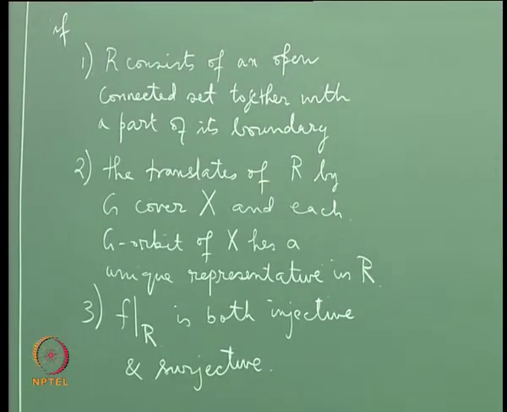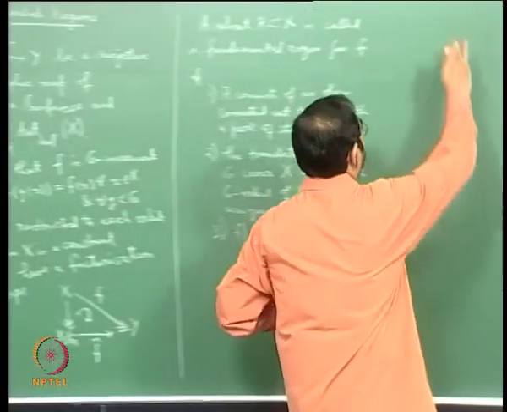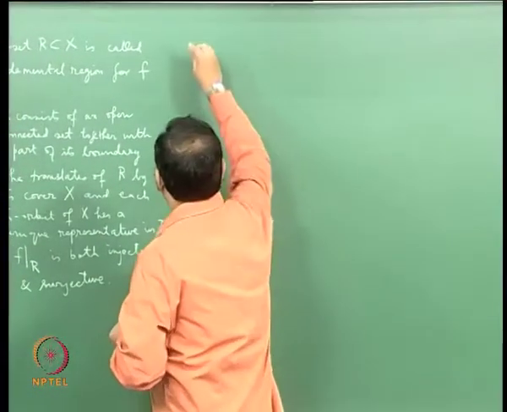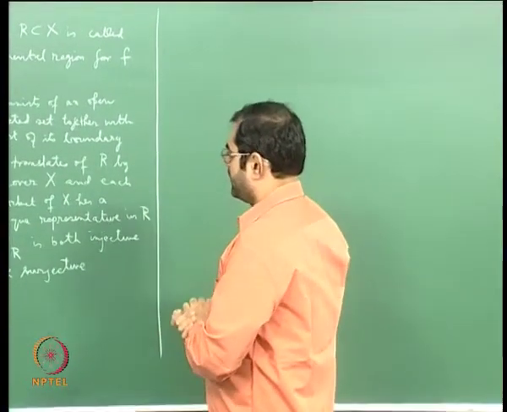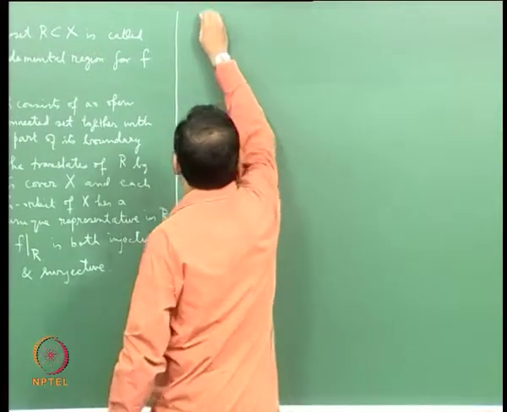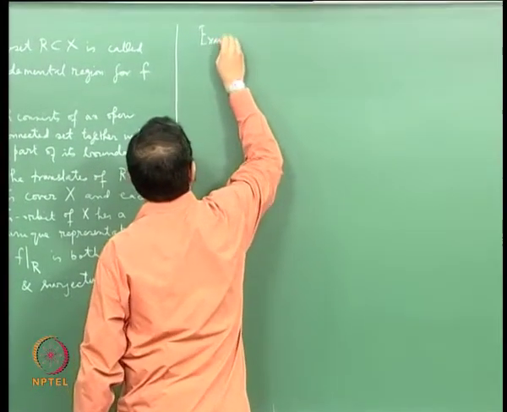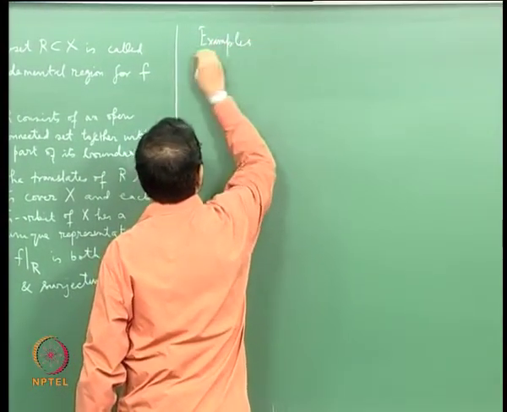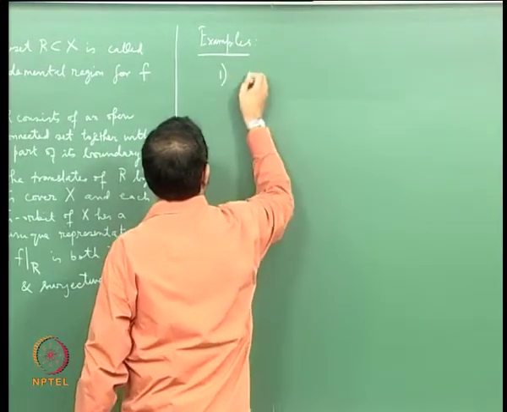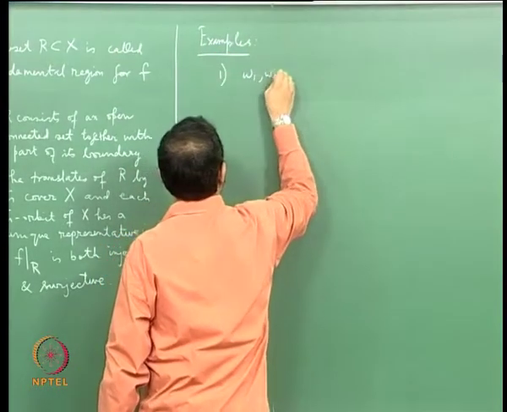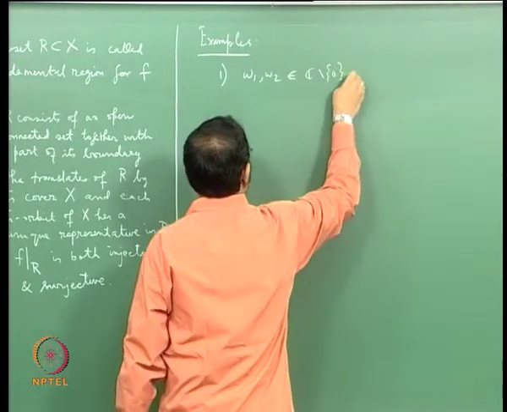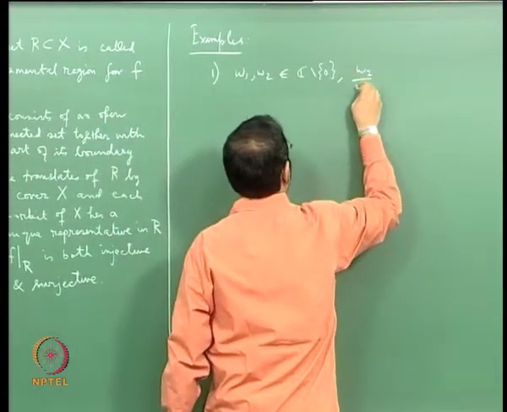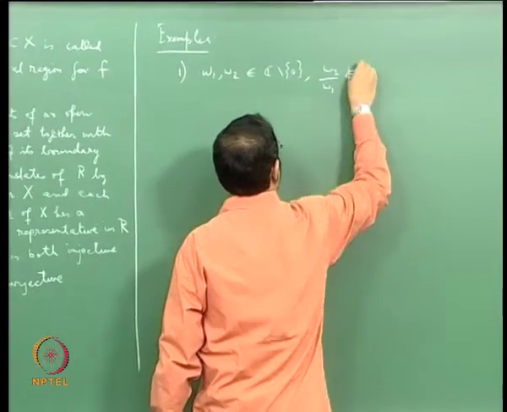Alright, so let me try to give you examples of this. Number one, you take omega 1, omega 2, two non-zero complex numbers such that omega 2 by omega 1 is not a real number.